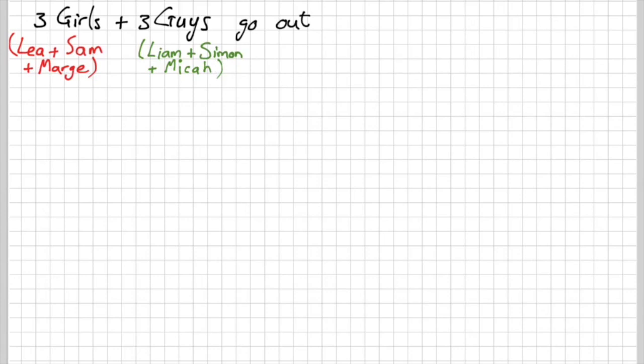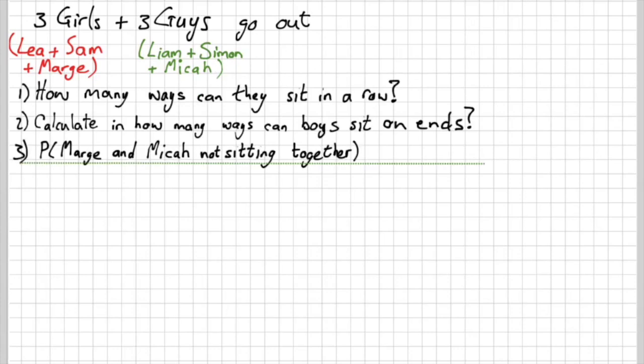But I've got 3 questions that I want to ask you. First of all, how many ways can they sit in a row? So if they just choose their seats randomly, in how many ways will they be able to sit in a row? Well, let's draw our scenario. I've got my 6 different options.